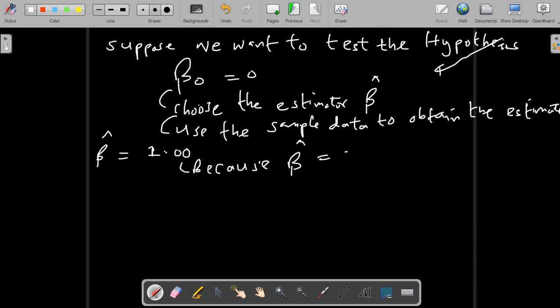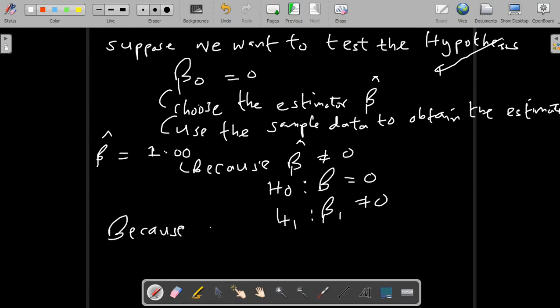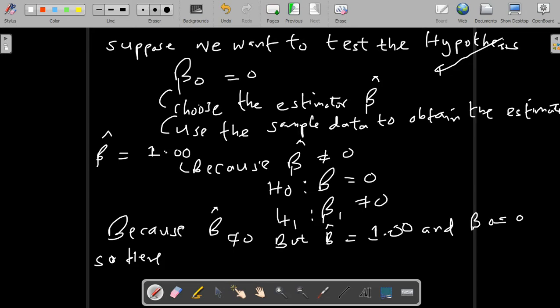Now, because B estimated is not equal to 0, where H naught is beta 1 equal to 0 and H1 is beta 1 not equal to 0, we tend to reject the null hypothesis.